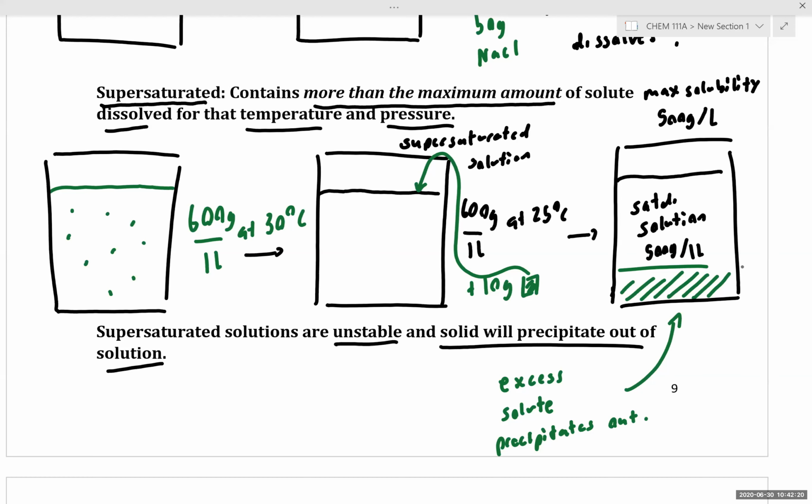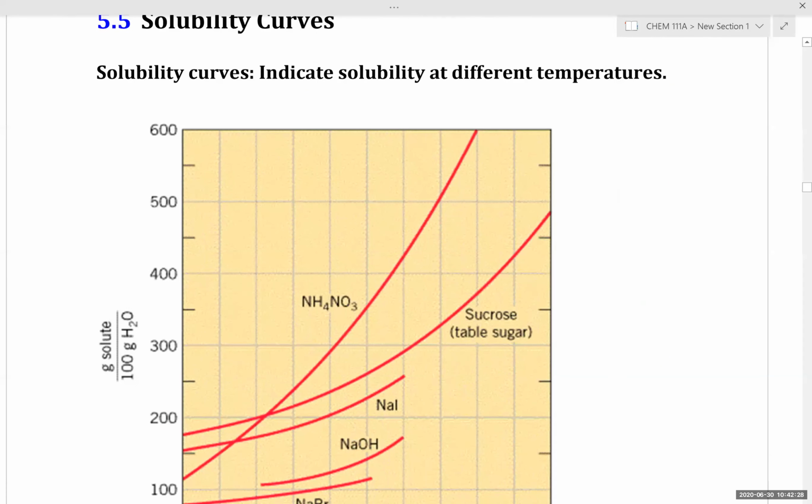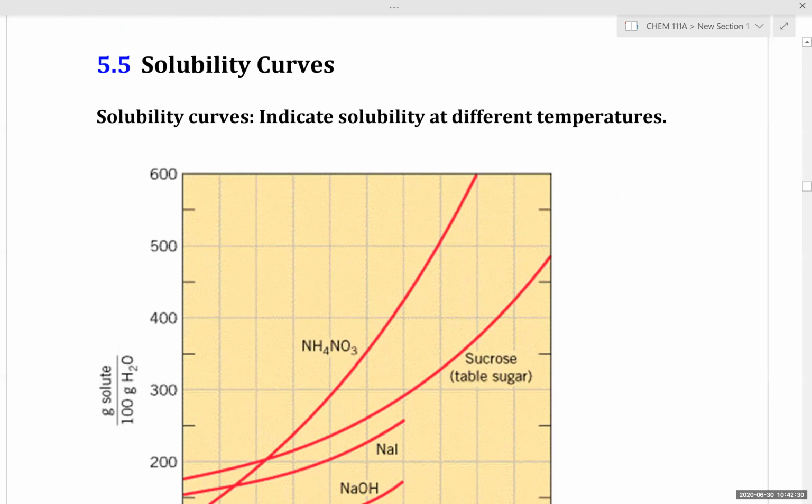If not, there are some questions concerning how we determine the maximum solubility. That is found by looking at what are known as solubility curves. Solubility curves indicate the solubility at different temperatures. They can also indicate the solubility at different pressures, but the most common solubility curves look at temperature.